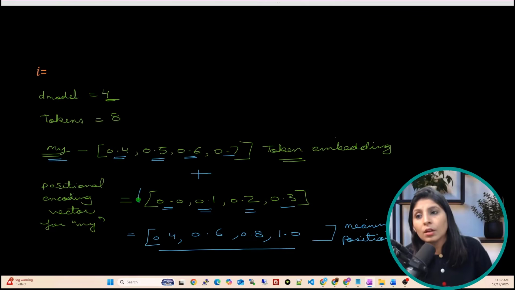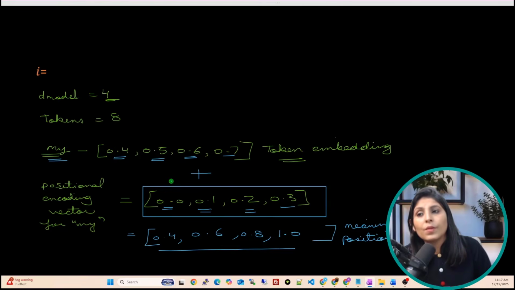And guys, one more thing: this positional encoding vector, for each token you will get this vector in the starting, and throughout the entire training this vector will remain the same. The values of this vector will not change. It means if this is the positional encoding vector for the "my" token, you have created it once, and then throughout the entire training process it will remain the same. It will not get trained.